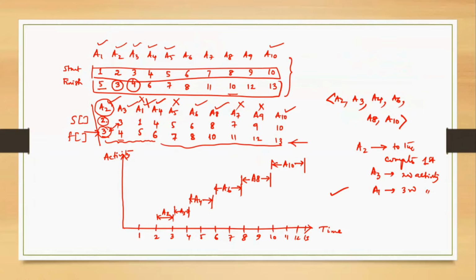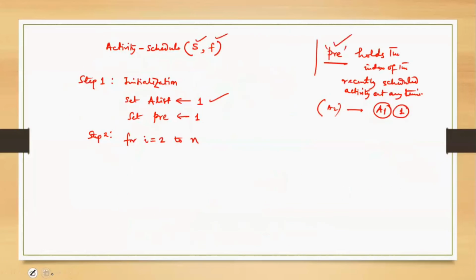S1 is 2, F1 is 3, S2 is 3, F2 is 4, S3 is 1, F3 is 5. In this way, we have to proceed further. So now come back. Let us verify the starting time of the second activity, which may or may not be scheduled based upon the criteria.